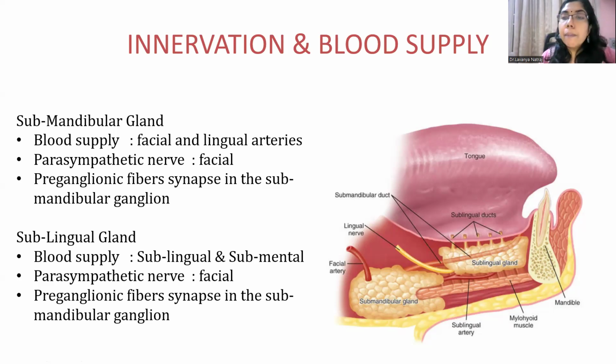And the sublingual gland has submental and sublingual artery supply. And the parasympathetic nerve is the facial nerve, again the same facial nerve as for the submandibular gland. And the preganglionic fibers synapse in the submandibular ganglion. So that is common for both submandibular and sublingual. The innervation is common for the submandibular and sublingual gland. So that is the innervation and the blood supply.